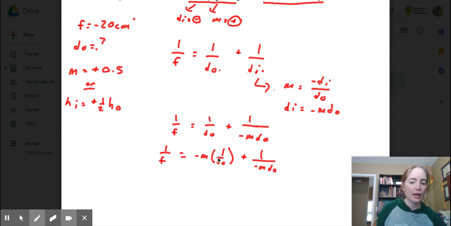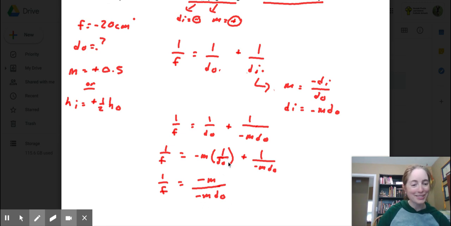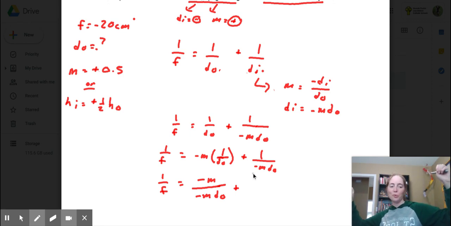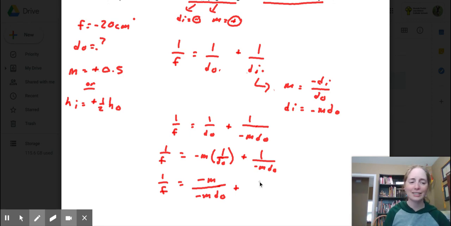Now, when I multiply everything here all the way through, I'm going to have negative M over negative MDO. Now notice these two could technically cancel out into one. So I can still do this without actually changing the numeric value of anything. Math wizardry. Woo! That's why math is awesome.